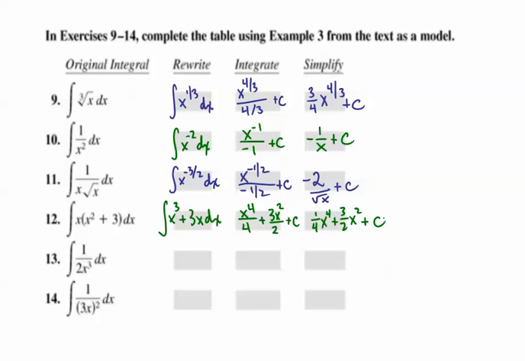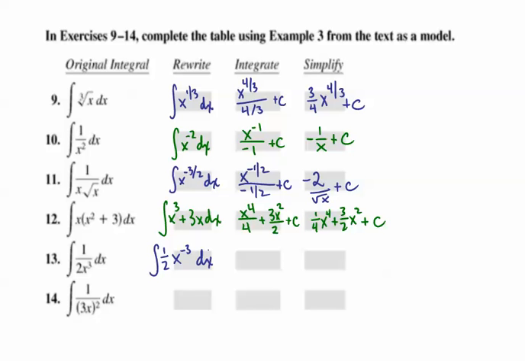The next one, you have to be careful in rewriting that. You'll have integral 1 over 2 times x to the -3. So remember that your 2 remains in the denominator, and the x to the 3rd power can be moved up to the numerator with a negative exponent.